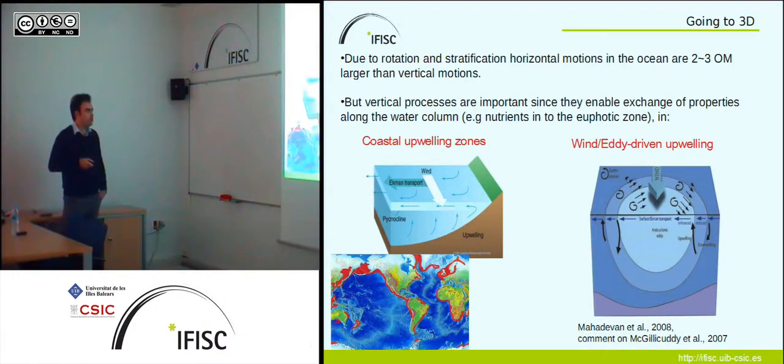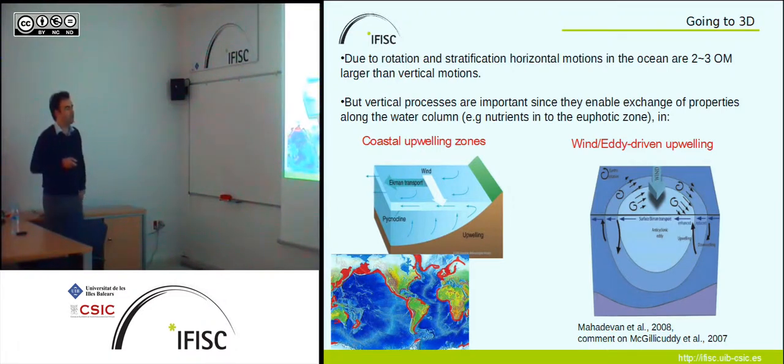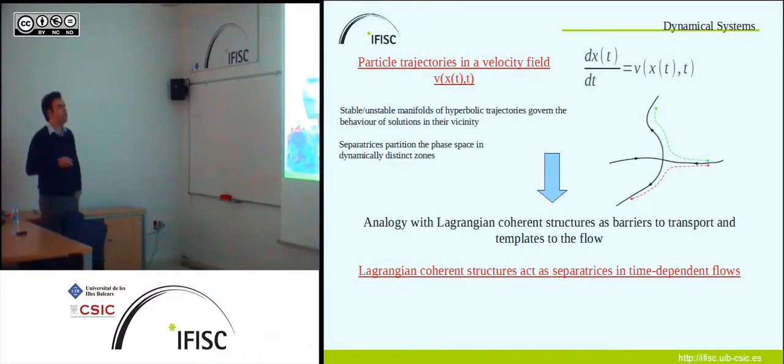But there are also other regions, like here in an eddy, and when an eddy interacts with the winds, we can also have intense vertical transport of material, in a way that the intensity of this vertical transport in these settings is much higher than the normal intensity that we say is very low compared to horizontal motions. So this is the main reason why we think that you have to study also the third dimension.